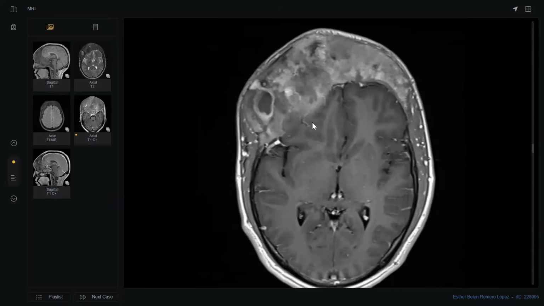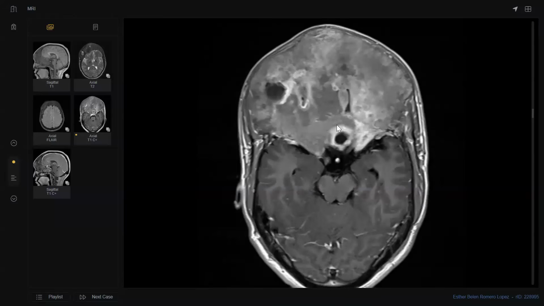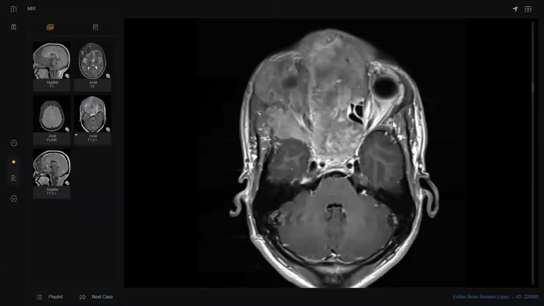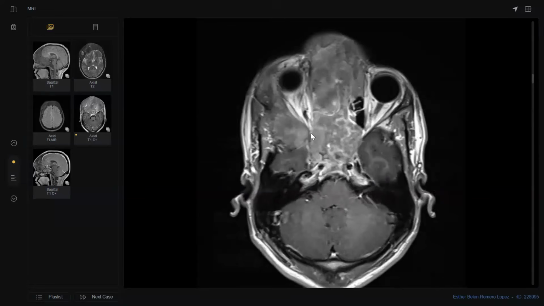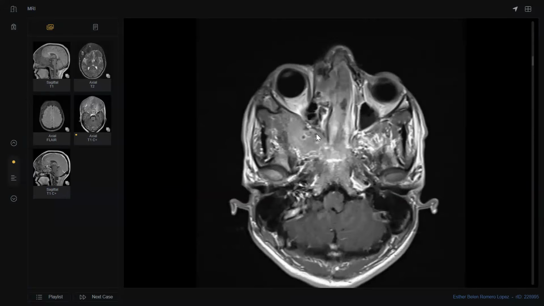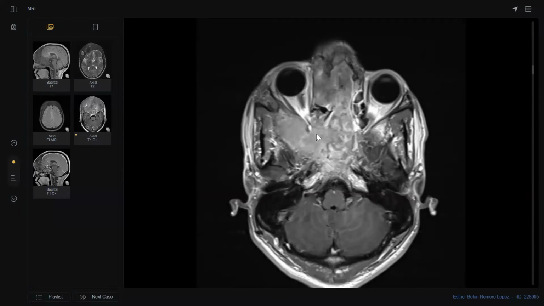It feels like the bony expansion has obliterated the optic canal on both sides. I can see the optic canal on the left side is barely visible, and also on the right side here. There is marked narrowing of the optic canal on both sides.